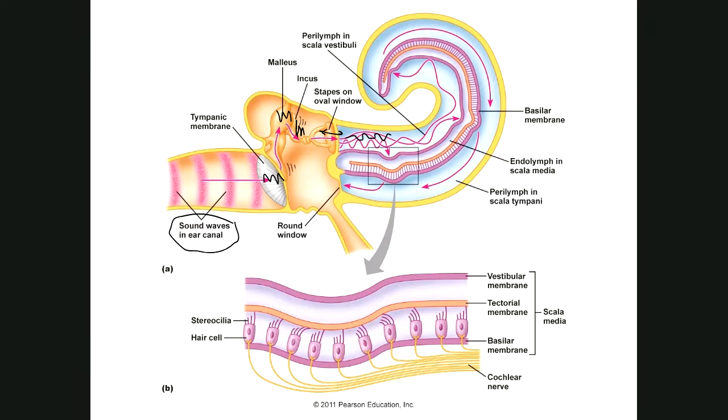It's going to move with the same wavelength as this one over here. As it moves, it's going to push this membrane up and down. The fluid is. Remember, this is the basilar membrane, and it's wide and flat at this end, or wide and floppy, and it's stiff and narrow at this end.